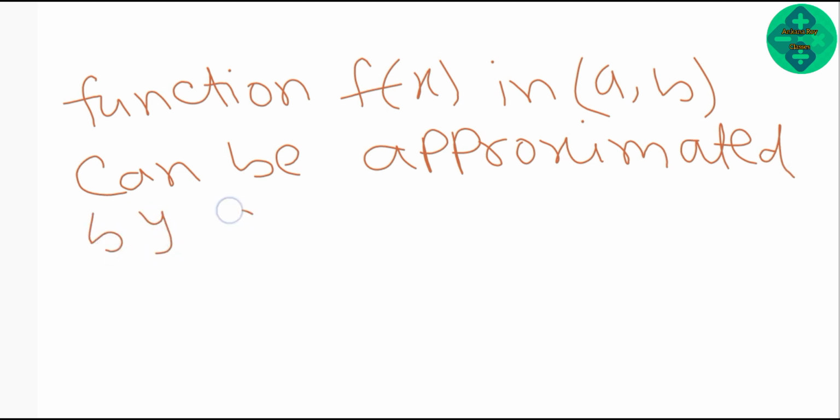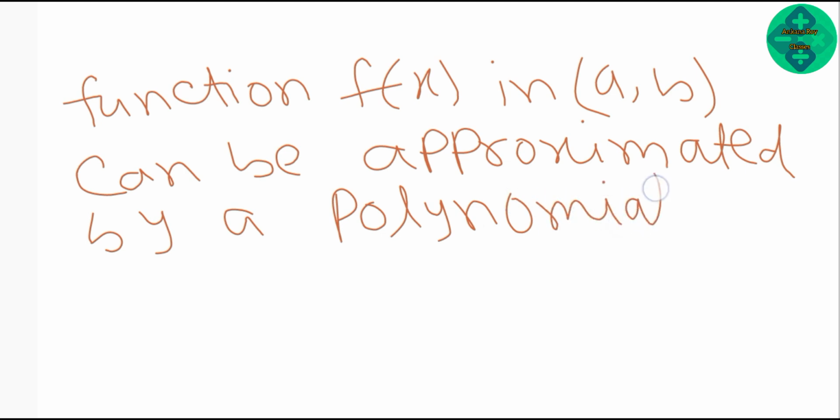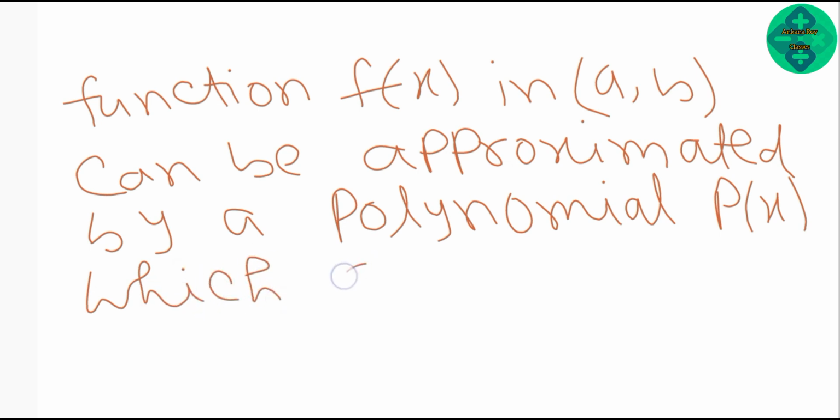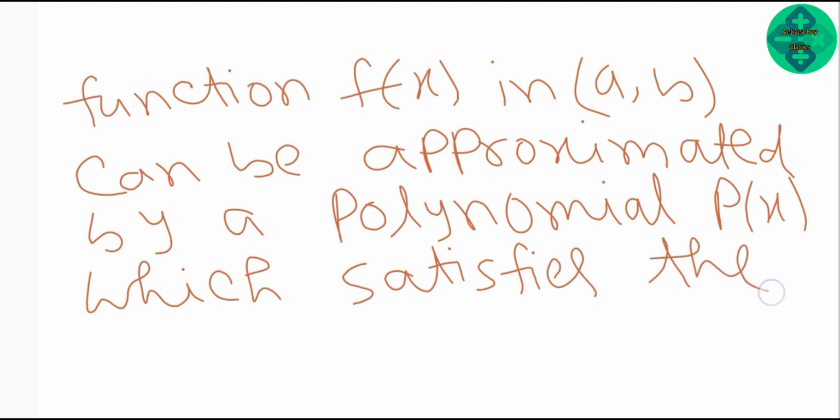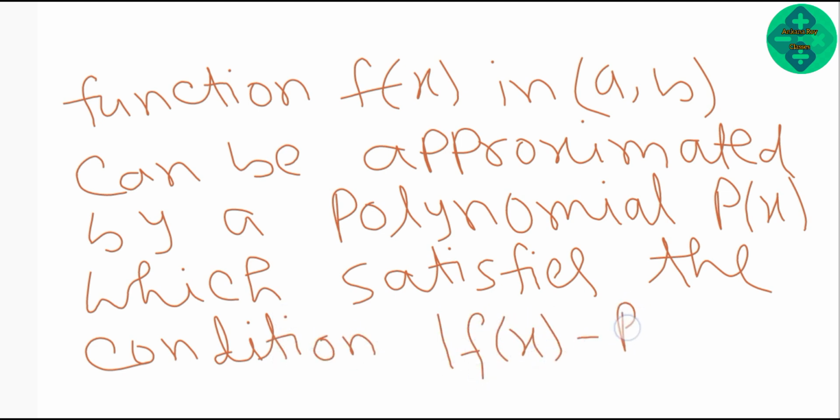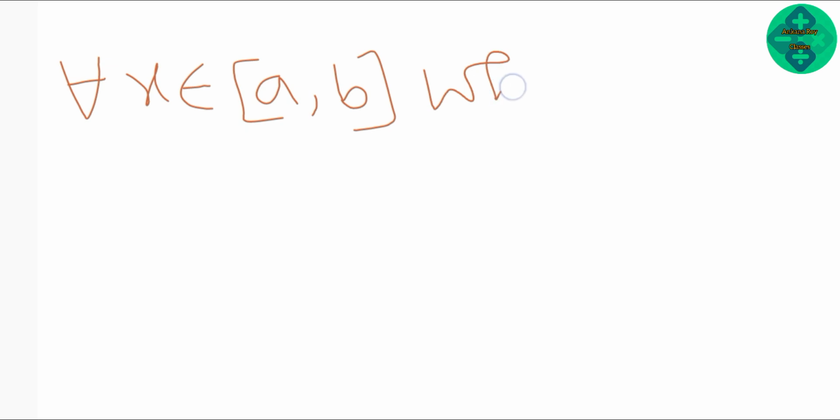by a polynomial p(x) which satisfies the condition mod f(x) minus p(x) less than epsilon for all x belonging to the closed interval [a, b], where epsilon greater than 0 is given.